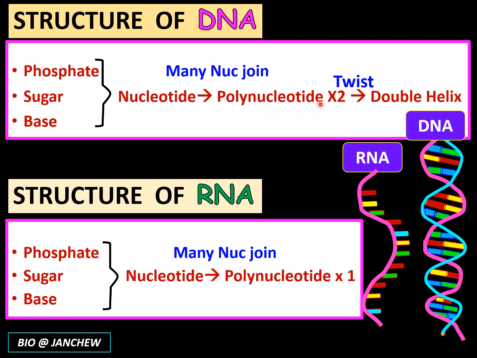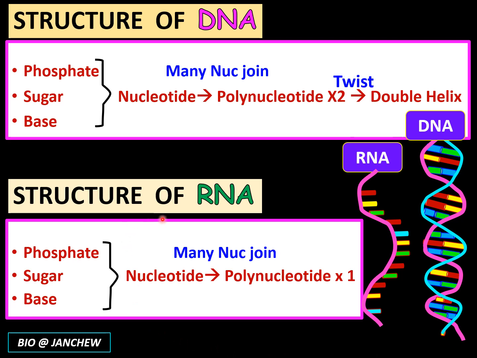And when there are 2 polynucleotide strands that join together, pink one and the blue one, okay, they are joined at the bases by using hydrogen bonds. And when there is a twist to that structure, then you get the double helix structure of DNA, as shown here, where the 2 polynucleotide strands, the pink one and the blue one, are intertwined. It means they coil around each other, right, to form the double helix.